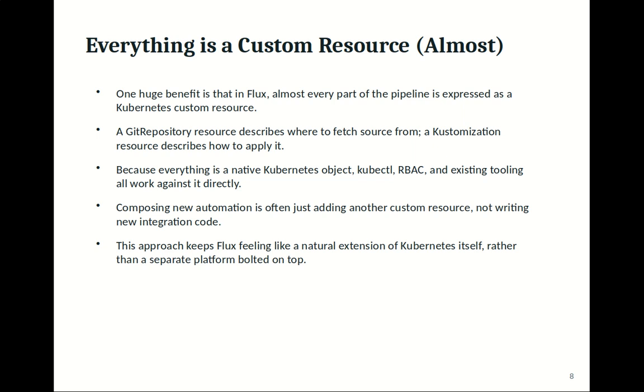Because everything is a native Kubernetes object, kubectl, role-based access control, and existing tooling all work against it directly. Composing new automation is often just adding another custom resource, not writing new integration code. This approach gives Flux the feeling of a natural extension of Kubernetes itself, rather than a separate platform bolted on top.